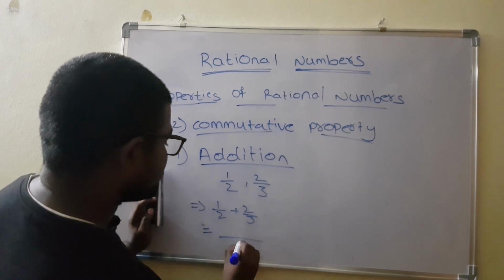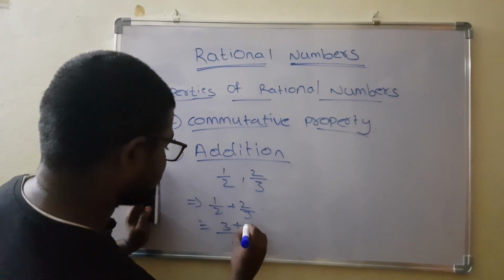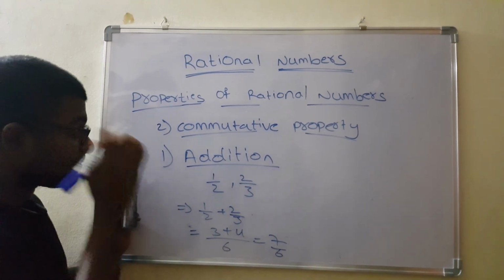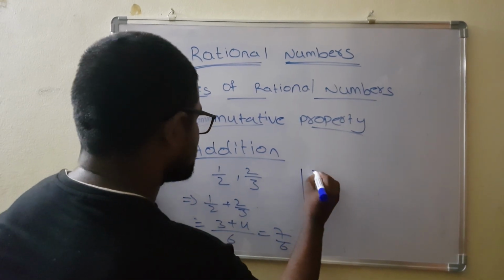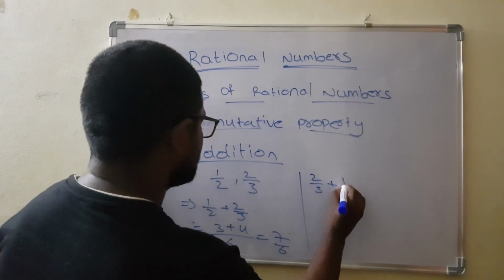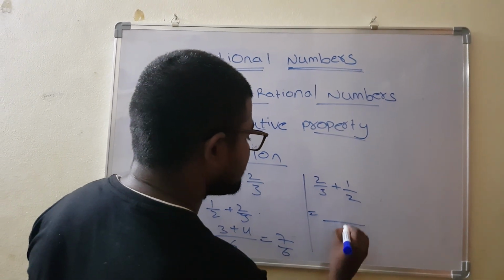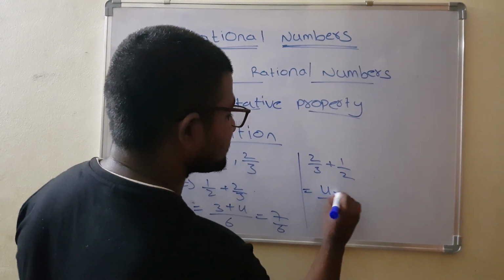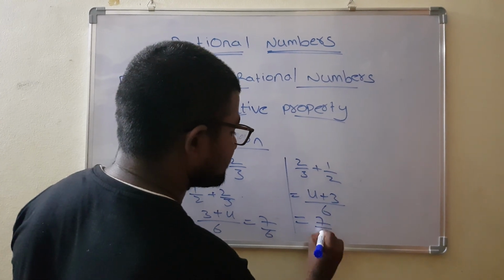What is the LCM? 6. 3 plus 4, that is 7 by 6. By changing the order of these two numbers, that is 2 by 3 plus 1 by 2, what do we get? The LCM is 6, 2 by 3 is 4 by 6, plus 3 by 6, that equals 7 by 6.